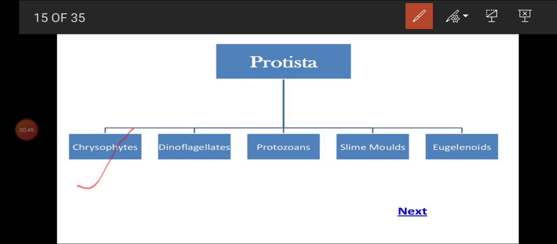What is the special characteristic regarding chrysophytes? We can call them the jewels of the sea, and diatomaceous earth is formed from them. This diatom acts as the chief producer in the ocean. Why? Because it is an algae, so obviously it will be the producer of that particular area.